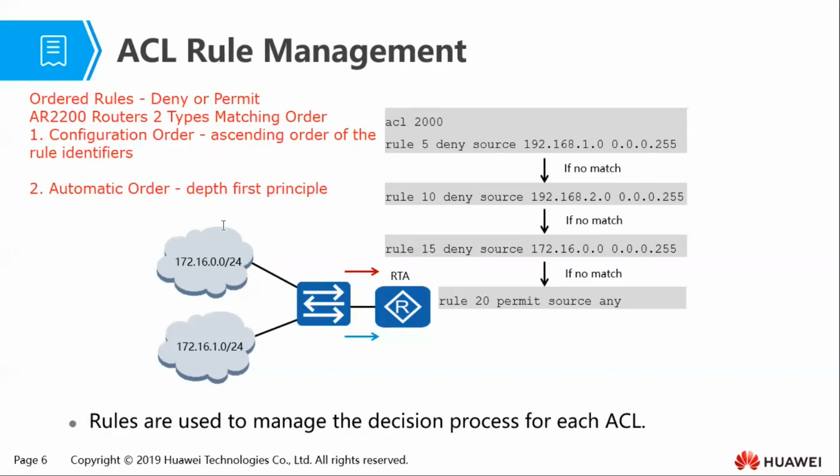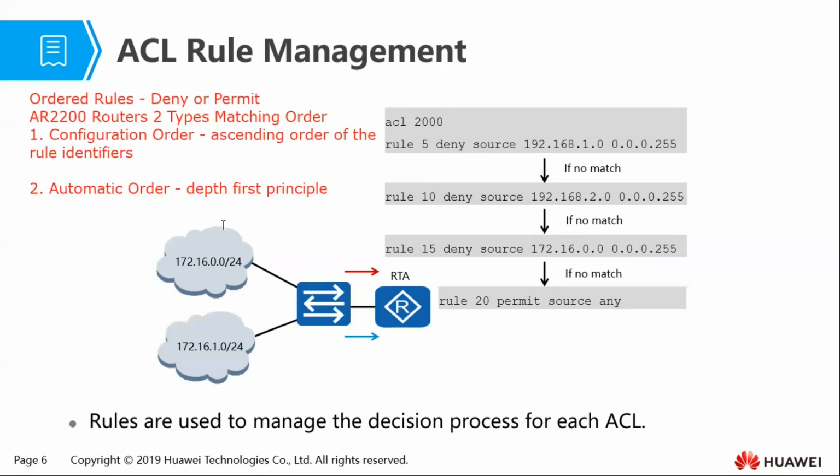On the other hand, if the rule matches, then that rule is implemented and the ACL stops. It doesn't look at the other rules. If all the rules are evaluated and no rule matches, then the router will go ahead and discard the packet.